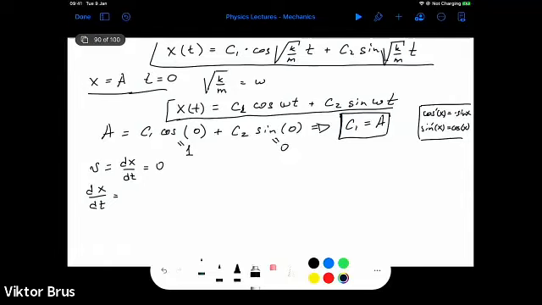So that will be c1 times minus sine omega t, which is the derivative of cosine omega t, and then times omega, the derivative of the argument of the cosine.